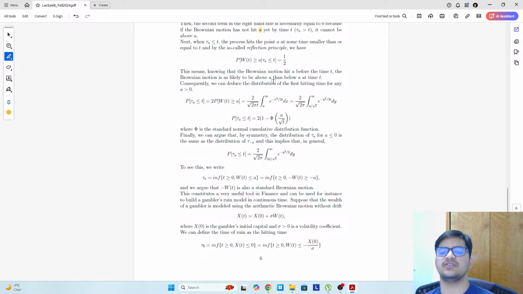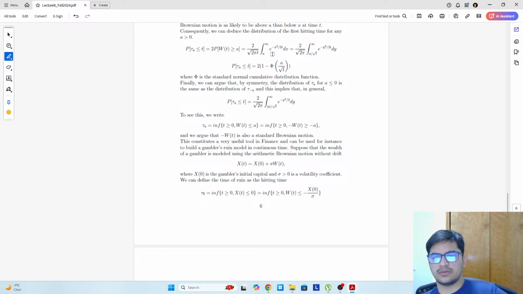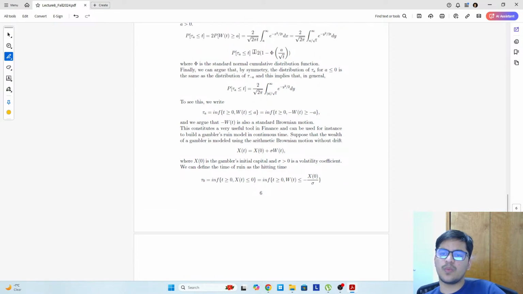Consequently, we can deduce the distribution of the first hitting time for any A greater than or equal to 0. Again, I think this looks like a normal distribution with mean 0 and variance t, which is the distribution of Brownian motion.